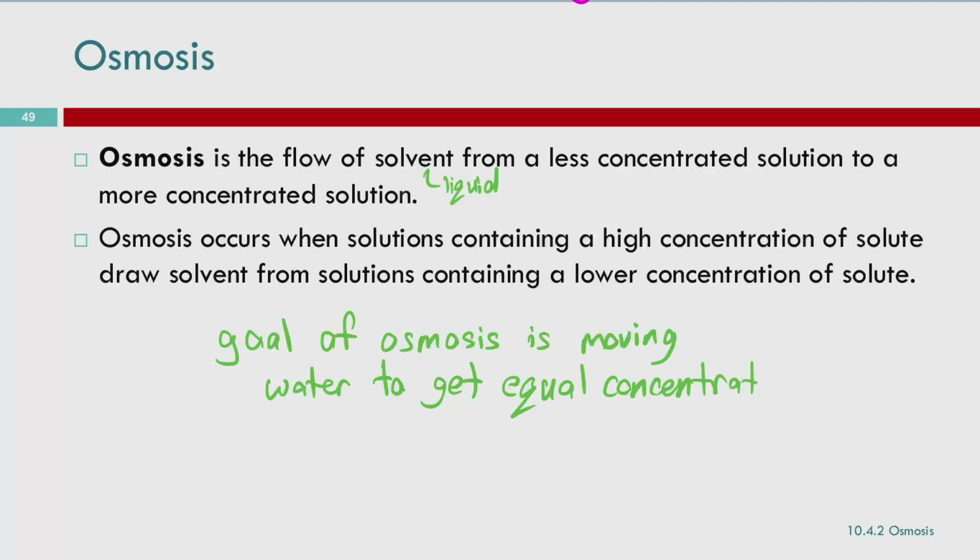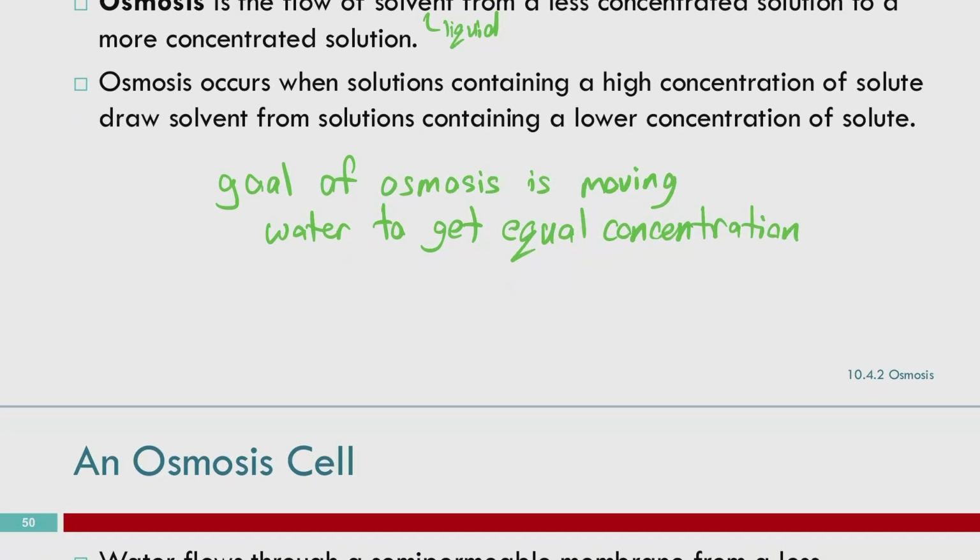This is the end, the target, the goal of osmosis. So it's moving from a low concentration solution to a high concentration solution. It's diluting the high concentration solution so that it comes down to match the low concentration solution. That's one way to think of it.